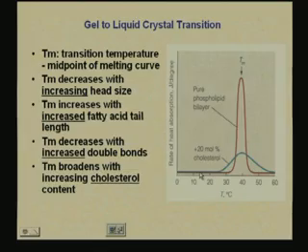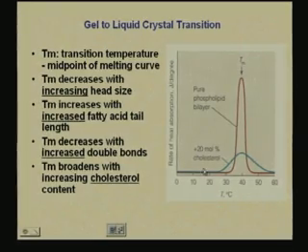All the fatty acid chains are ordered in some fashion, and at some point it moves over to the liquid crystal state because of a disruption in the order. So, the disruption in the order gives us a melting temperature, that is the midpoint of the melting curve, denoted as Tm. Now, what are the features that can change the Tm?